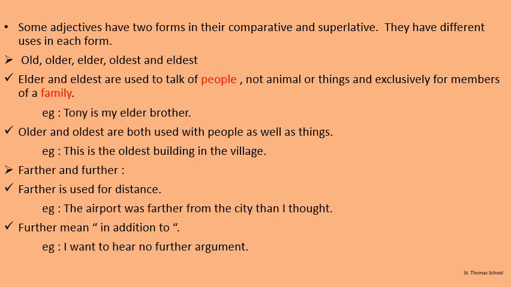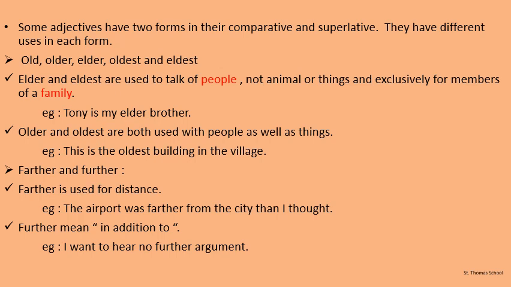So when we are specifically talking about a person, and specifically a family member, you are supposed to use elder and eldest. And older and oldest you can use for all types of person, place, thing and animal.